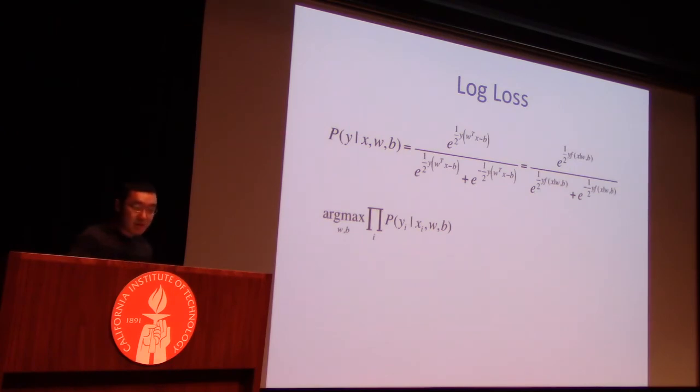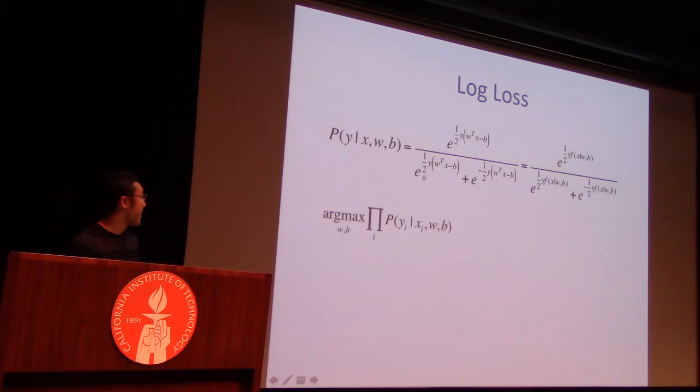So now I want to talk about a loss function for logistic regression. This was the original formula that I gave you: the exponentiated score, where you have the linear score of the model class times the label plus or minus 1.